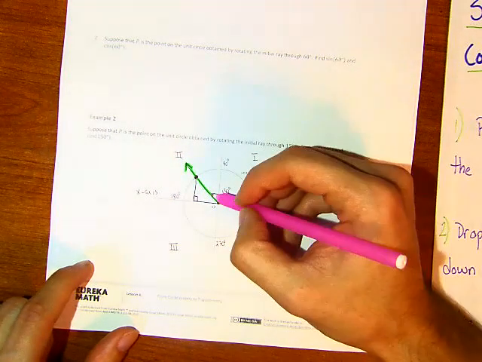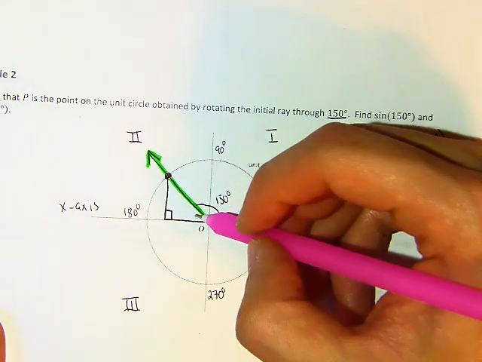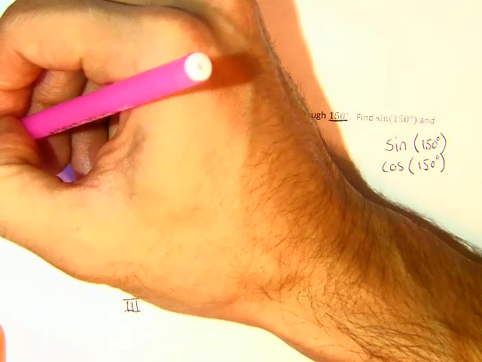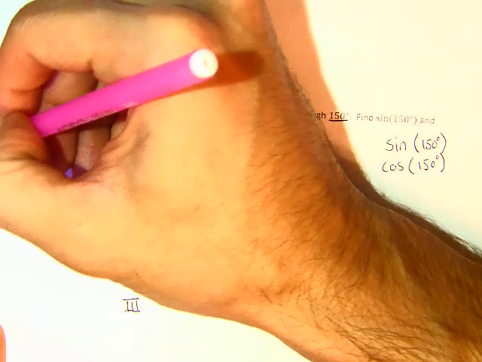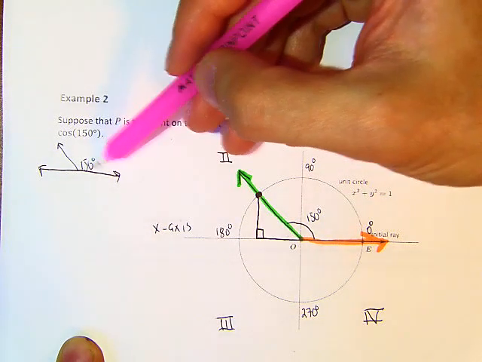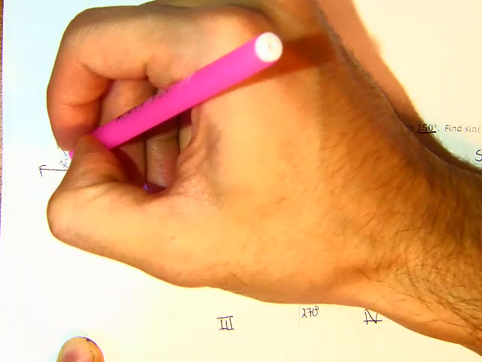But then the question is, how do we know what this measurement is? Remember the properties of a straight line: if this is 150 degrees, then this has to be 30 degrees.